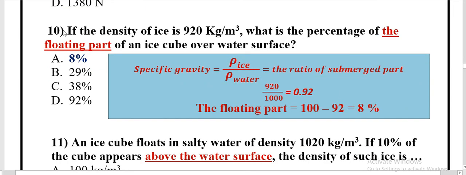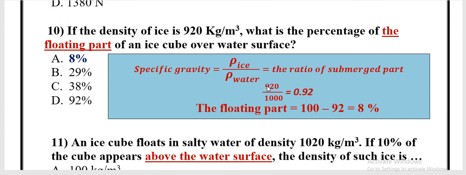Question number 10. If the density of ice is 920 kg per meter cube, what is the percentage of the floating part of the ice cube over the water surface? We know that the specific gravity equals the density of the object over the density of water, and this determines the ratio of the submerged part beneath the water surface.